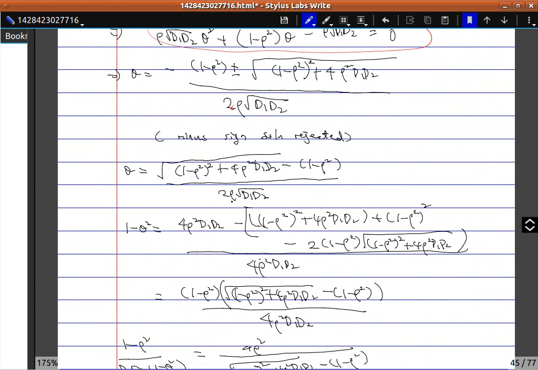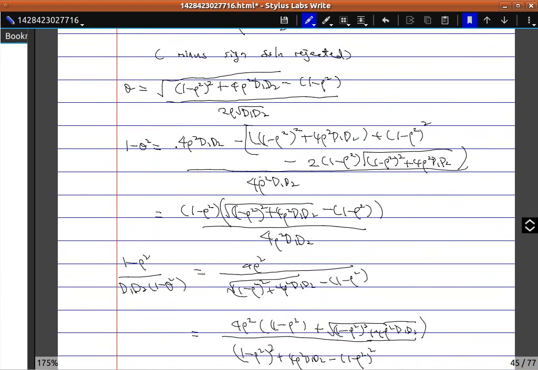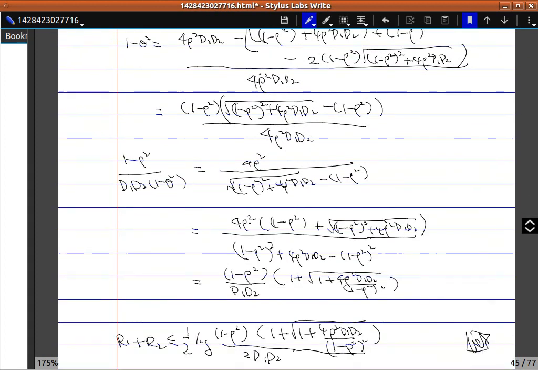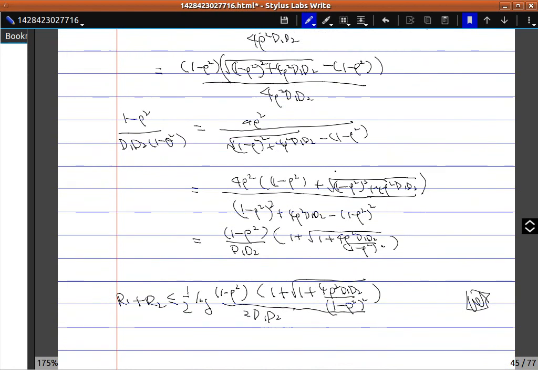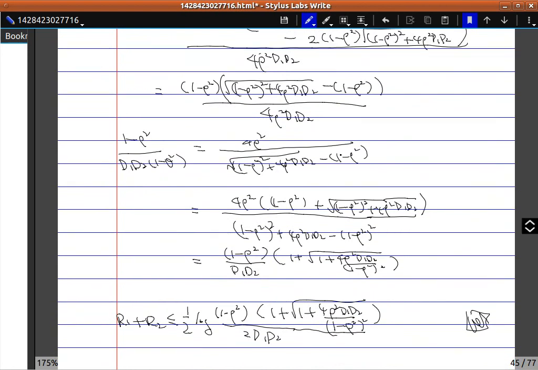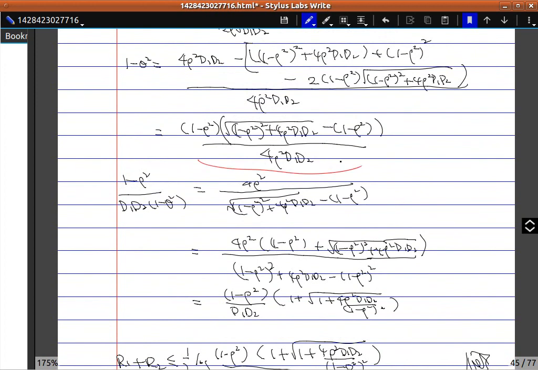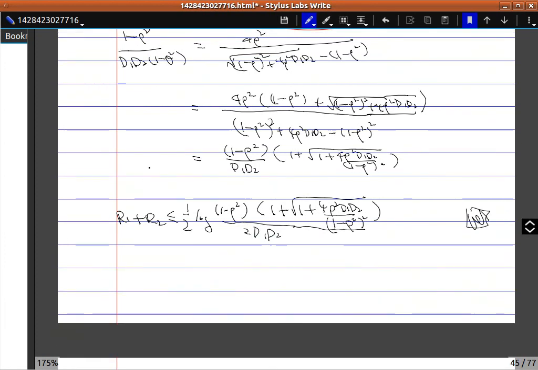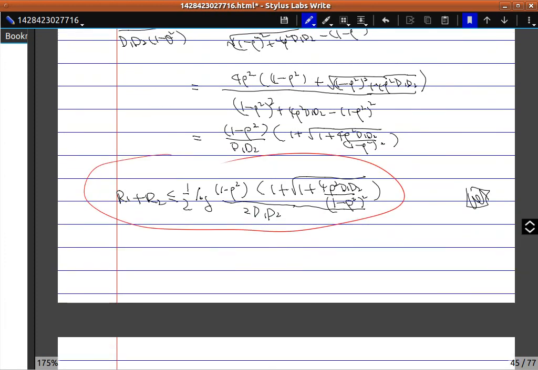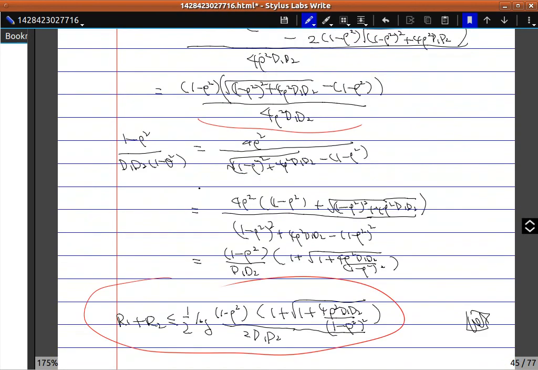So only one solution is left. After some algebra, we find theta and 1 minus theta squared, then we plug that back in and eventually get the bound like this. Okay, so that's all for the converse proof of the Gaussian multi-terminal source coding problem with two terminals.